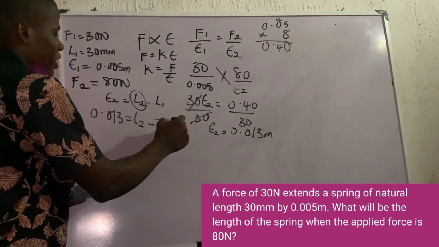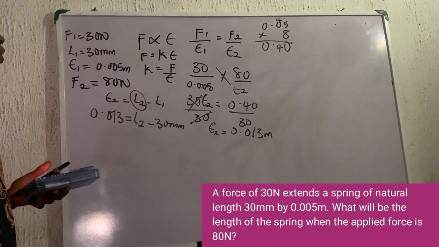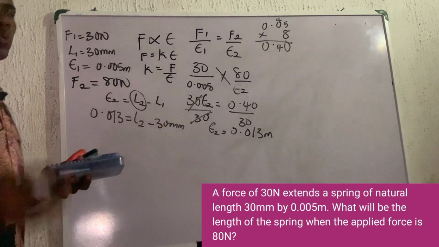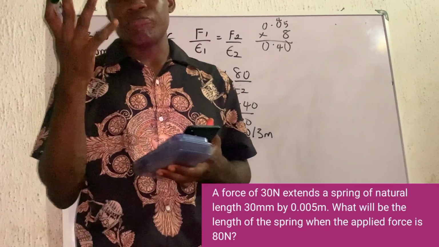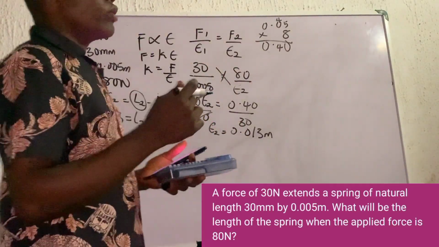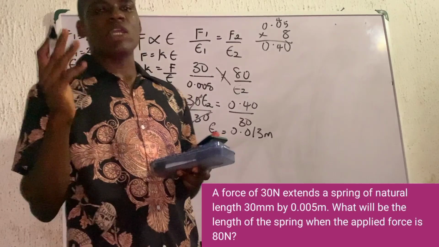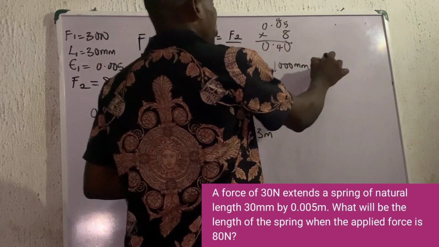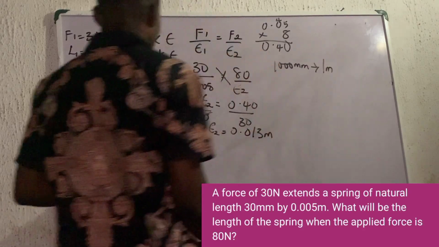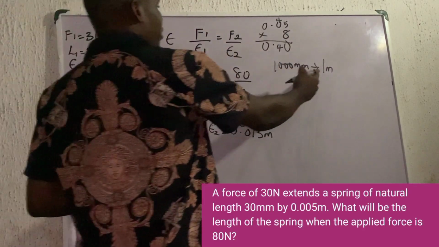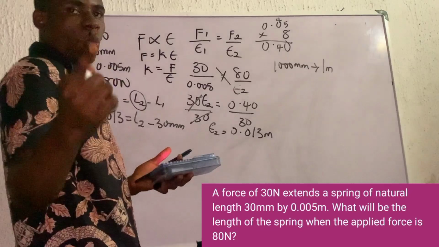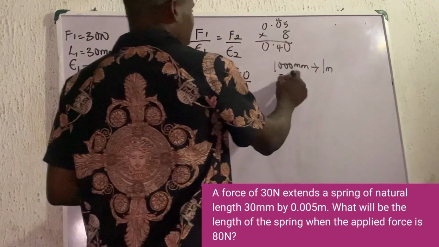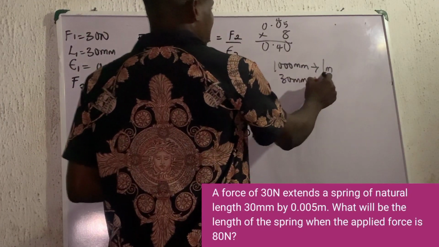L1 is 30 millimeters, and there is no way we can solve with these 30 millimeters, so we just change to meters. We already know that 1000 millimeter makes 1 meter. So this 30 millimeter, what's the equal value in meters? Let's call it x.